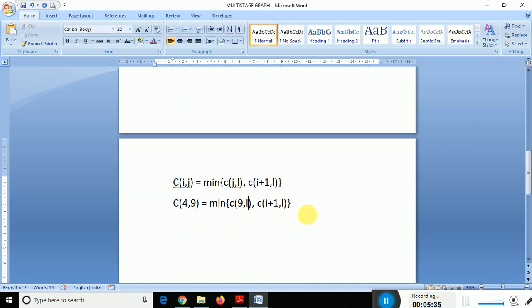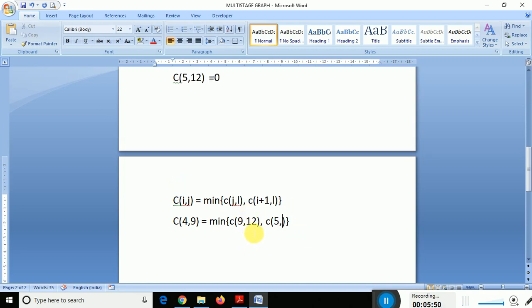So you have to write 12 here, and here 4 plus 1 means what? The I value is 4. So 4 plus 1 is 5, and the out degree is 12. L means 12 only.